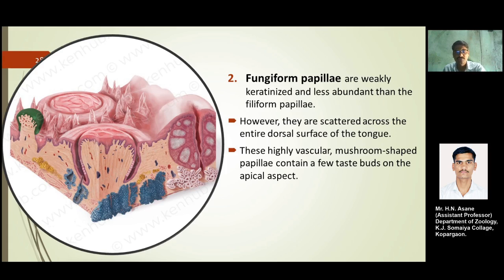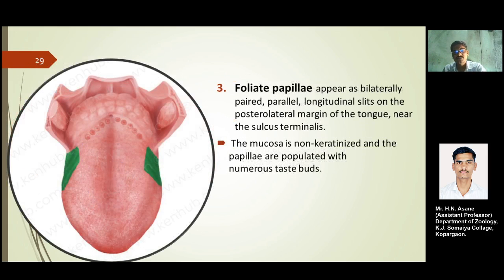As you can see, the third type is the foliate papillae, which appear as bilaterally paired papillae. These are also known as the longitudinal slits.